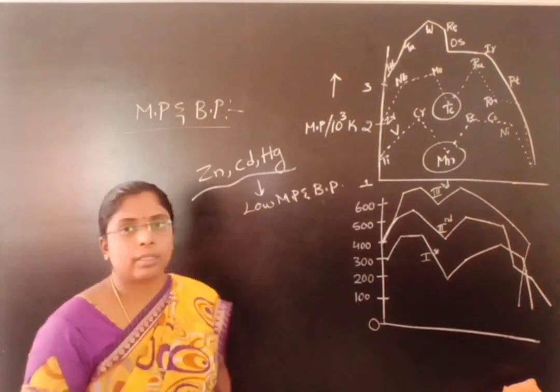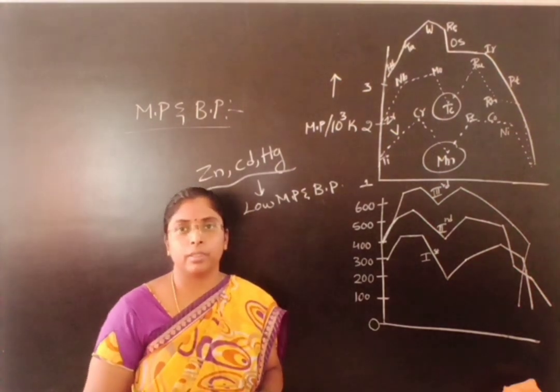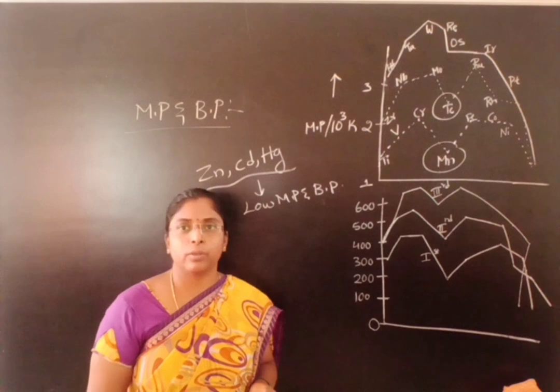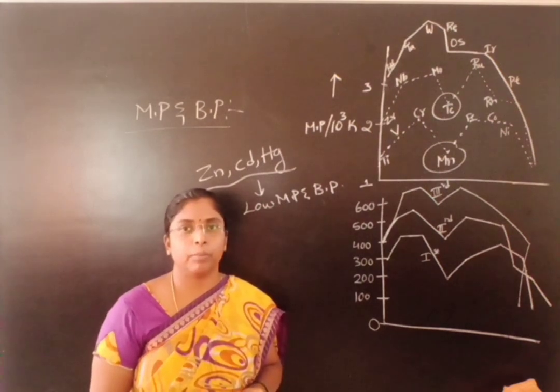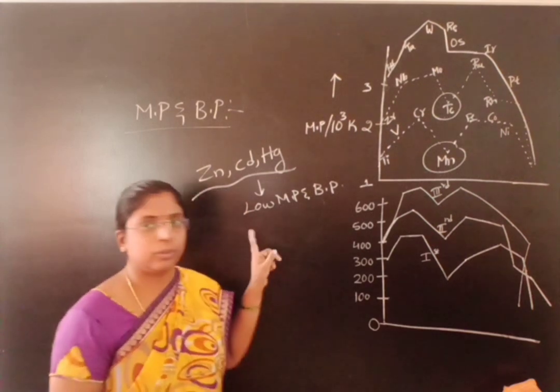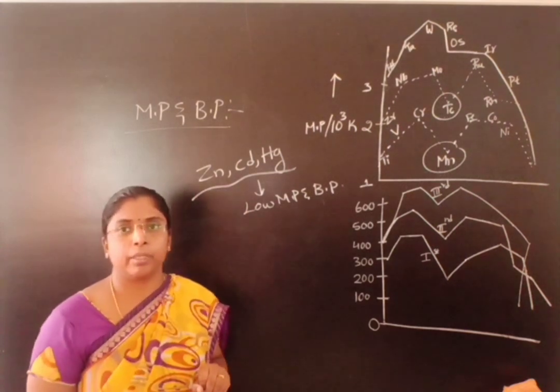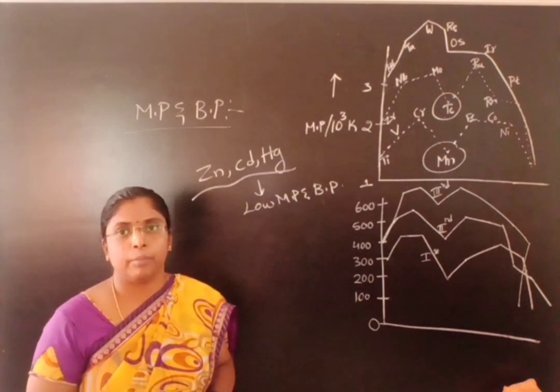Since these elements have completely filled d as well as s orbitals, there are no unpaired electrons. When there are no unpaired electrons, a weak metallic bond forms. Hence zinc, cadmium and mercury have low melting and boiling points.